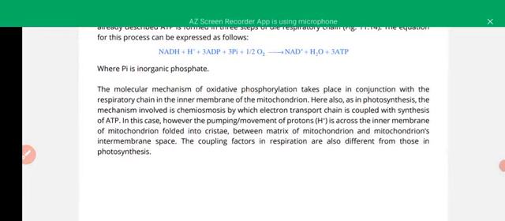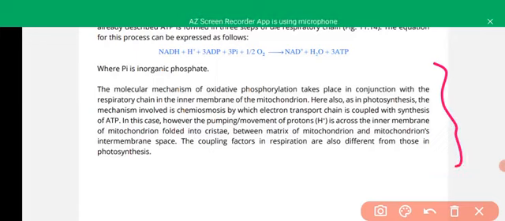Coupling in photosynthesis was from the stroma to the lumen of the thylakoid membranes, because photosynthesis occurs in plants only and not in animals, so plastids and chloroplasts occur only in plants. The pumping mechanism is across the inner membrane of mitochondria, folded in cristae, between the matrix of the mitochondrion and the intermembrane space.